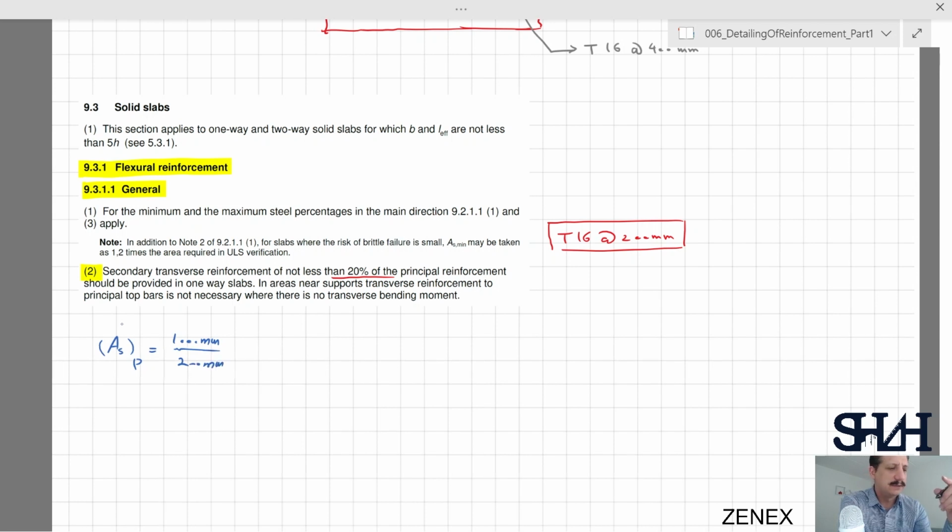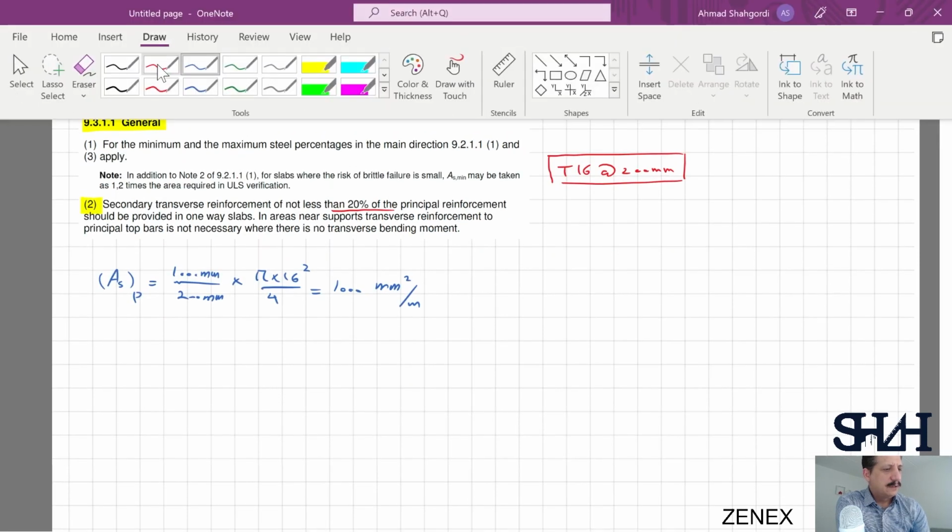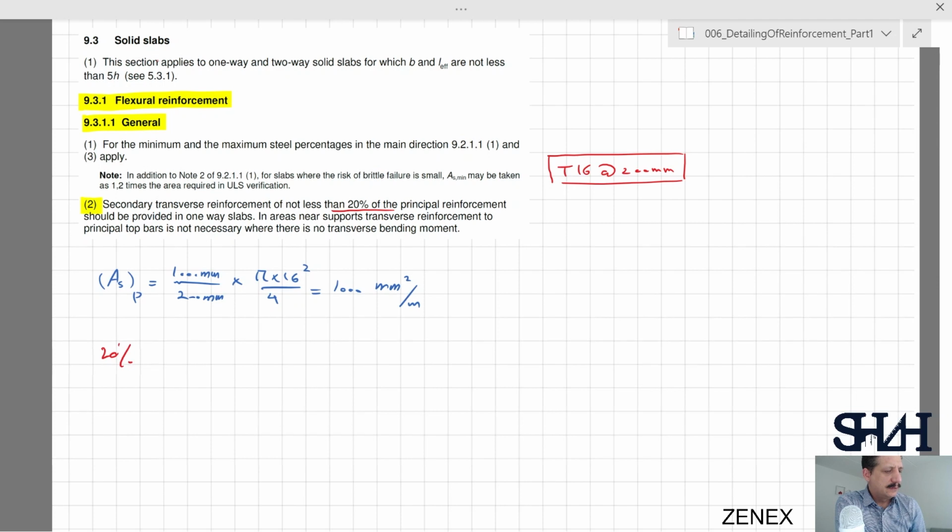This is the number of bars every 1 meter, times pi 16 square divided by 4. So it will be about 1000 square millimeter, and usually we write it as millimeter square divided by meter. So 20% of this value, 20% of As primary, will be 200 square millimeter per meter.